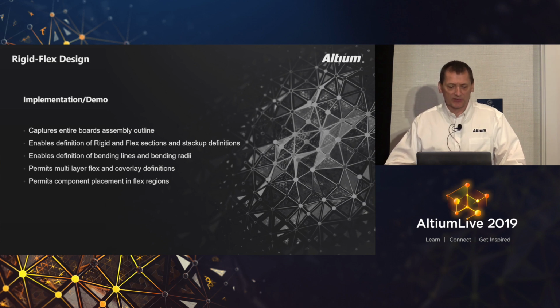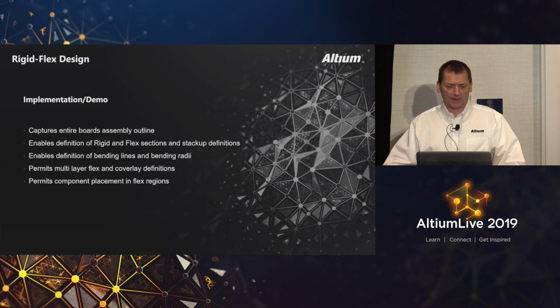Traditionally, this has been an area where mechanical designers I've seen literally will cut out a stencil from some type of paper, fold it all out, and then practice with that to refine the ultimate shape that'll be used for creating the outline. So we have some nice capabilities so you don't have to resort to paper. You can use all of the 3D technology that you see in Altium Designer.